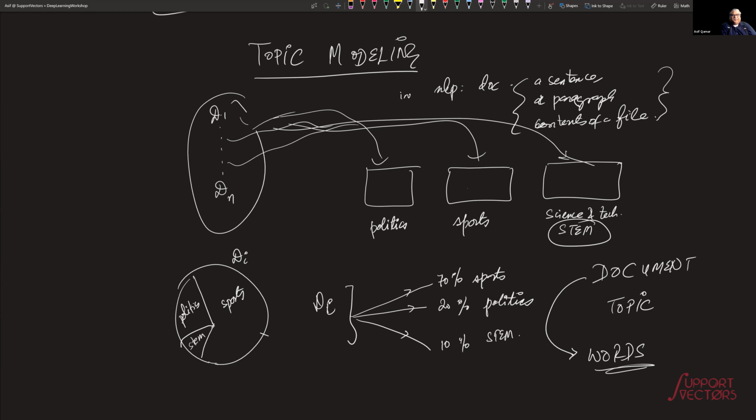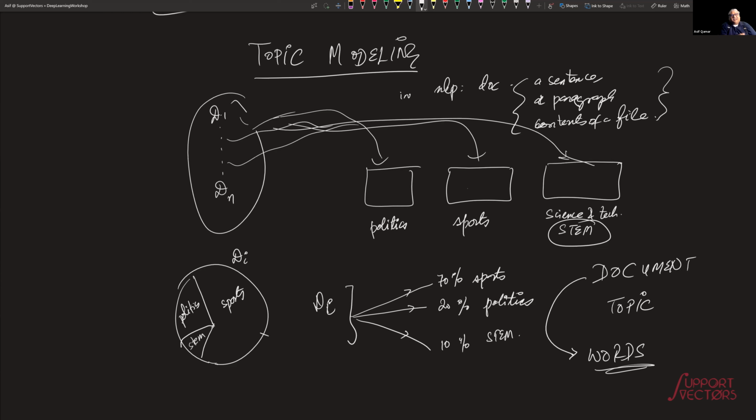Now, suppose you're given a lot of documents, but you're not given the topic. Then a topic becomes, in some sense, a latent variable. A latent fact is the underlying reality that these different documents can be bucketized to different degrees into different topics.